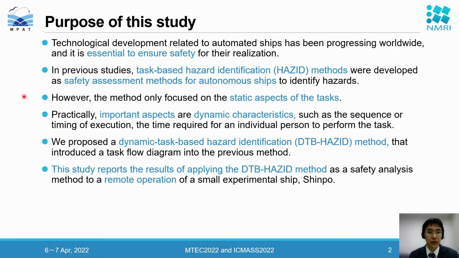However, these methods only focus on the static aspects of the tasks. Practically, important aspects are the dynamic characteristics, such as the sequence or timing of execution, and the time required for an individual person to perform a task.